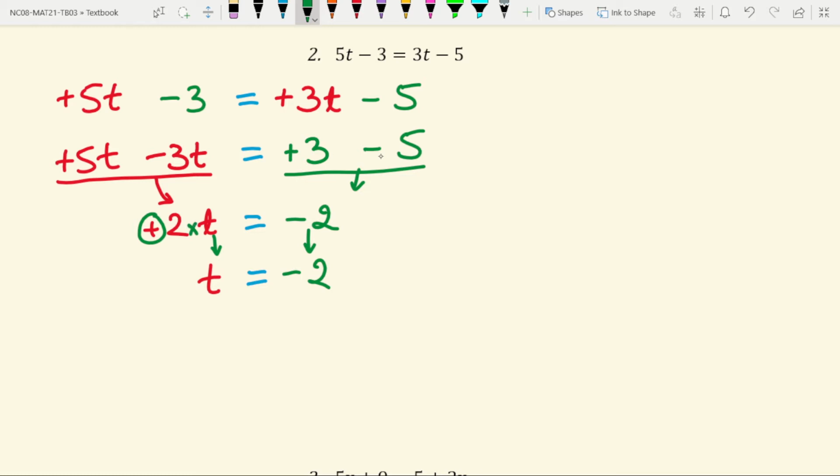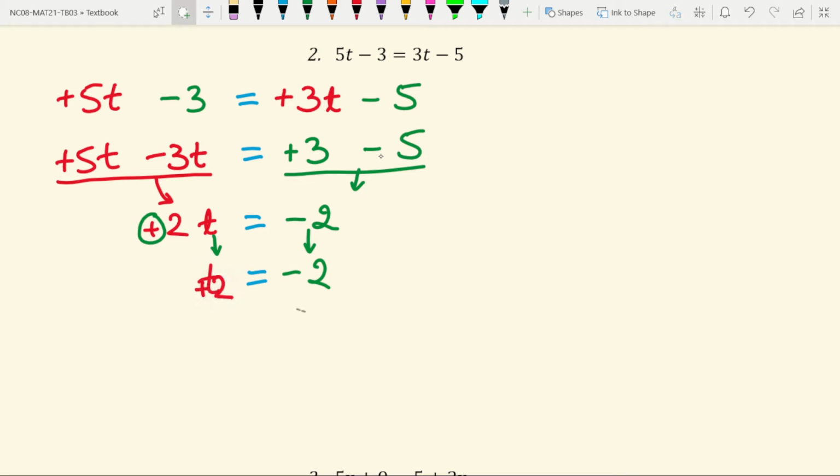So multiplication will turn into division. Plus 2 was the coefficient of t, so we will shift plus 2 to the RHS. Instead of shifting it as minus 2, we'll shift it as divided by 2, because 2 is multiplied with t.